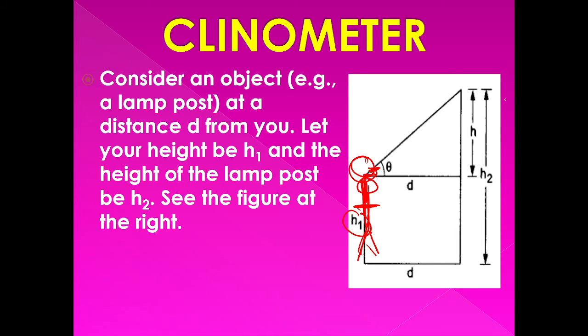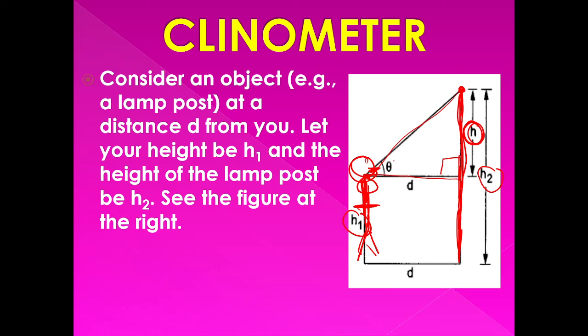Take note, H2 is simply the height of the pole. For example, this is a flagpole. This is the height of the flagpole. As you can see, from the line of sight going here, I can create a right triangle, and I have a height there which I can use for this angle.